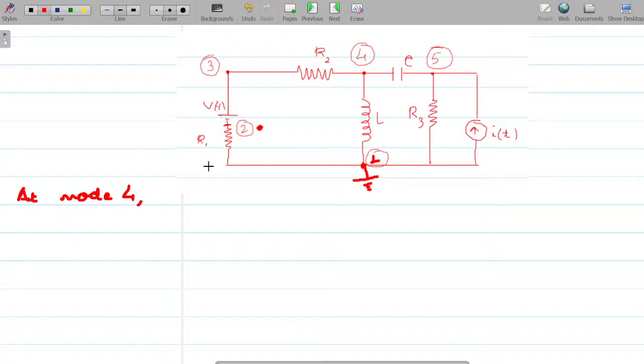We will assume the sum of all the leaving currents to be 0. These are your leaving currents, right? So can I say the current through resistance R2, plus the current through the inductor IL, plus the current through capacitor IC equals 0? Can I say that?